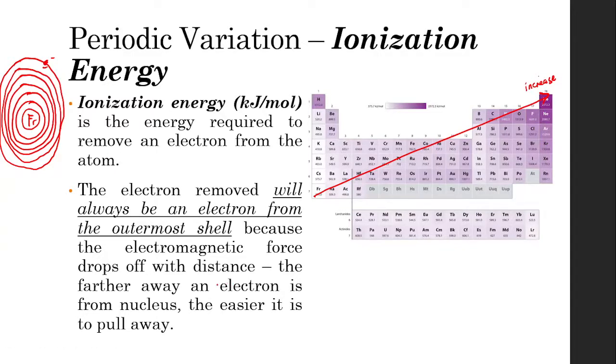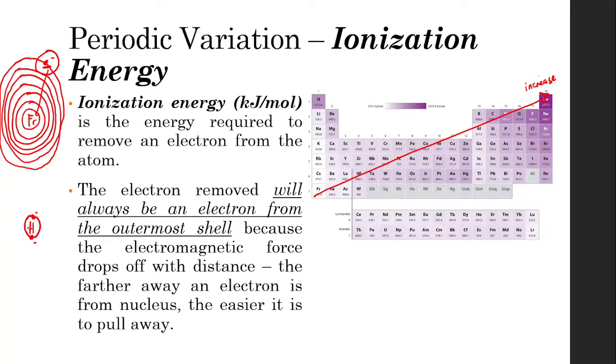What is happening is the concept that the electromagnetic force drops off with the distance, meaning the farther the electron is from the nucleus, the more readily it can be removed. Compare that with helium. Helium has only 2 electrons, and it's all found in its first valence shell.